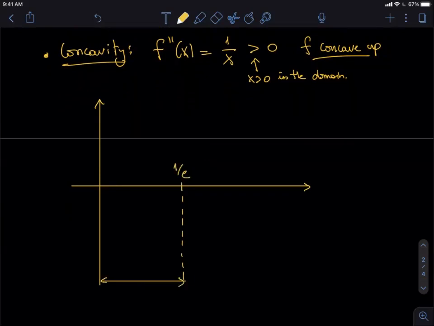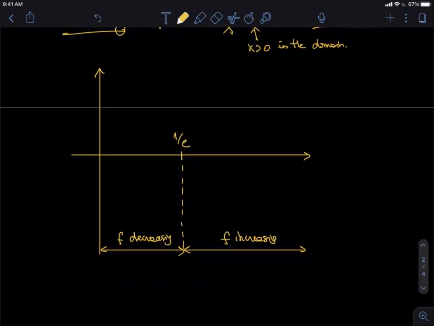So f is decreasing here, and then it's increasing. And we have that f is always concave up.